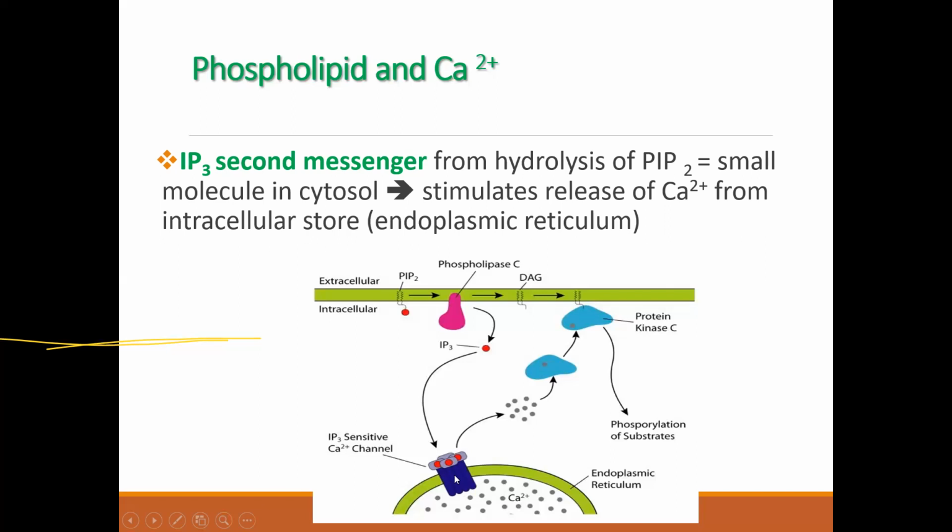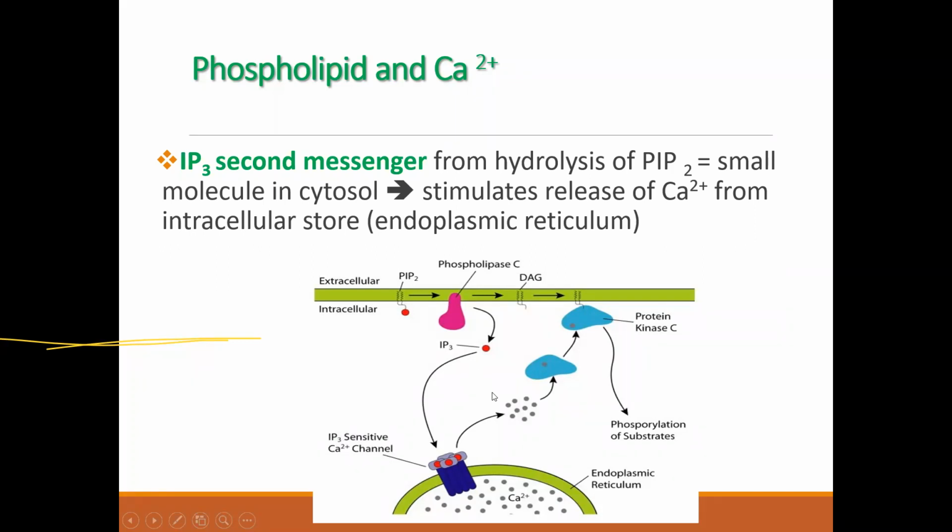This is the receptor, the calcium ion channel, and also the receptor of IP3. After IP3 binds to this receptor, there is a conformational change, and the ion channel opens, releasing calcium ion from the endoplasmic reticulum into the cytoplasm, or the cytosol.